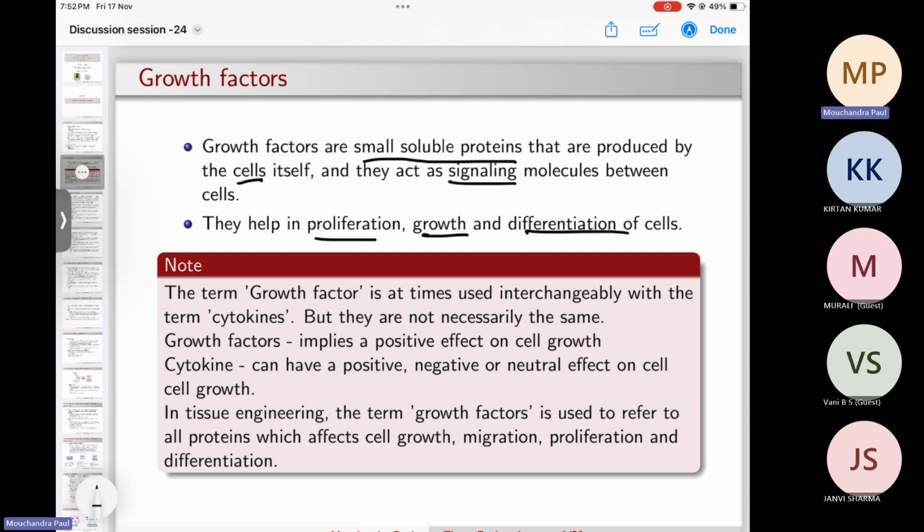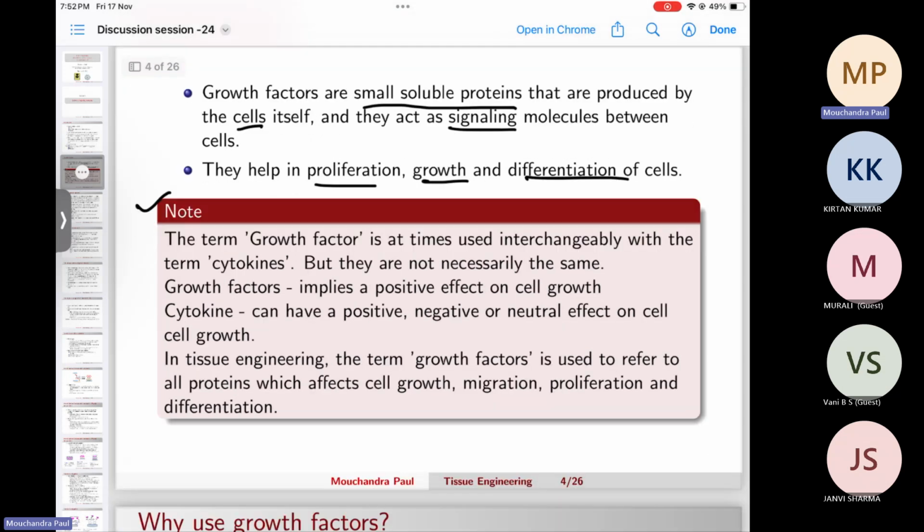Now, I have given a small note for you because recently I found this information and I thought it is worth mentioning that the term growth factor, we often use interchangeably with the term cytokine. Maybe in my previous discussions, I may have used it as well, but they are not the same all the time. Growth factor and cytokine cannot be the same in all circumstances.